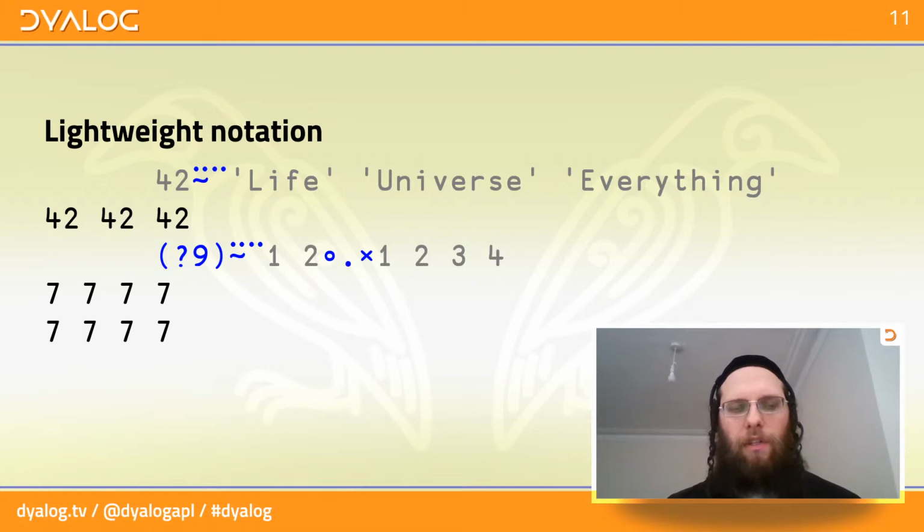What's interesting here is, of course, that when we get a random number, so 7 is just an example, then that value, that array, is a constant that's being used for every element in the 2x4 array. If we had put braces around the question mark 9, then the question mark 9 would have been evaluated over and over again, and we would have gotten different values in each place.